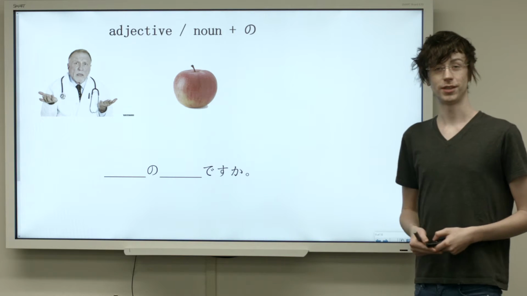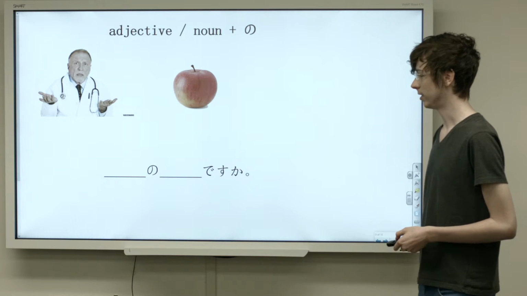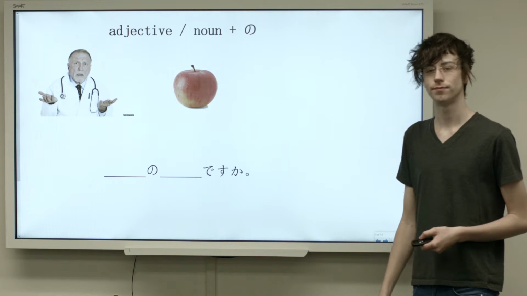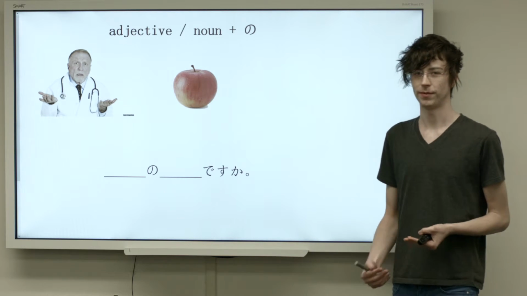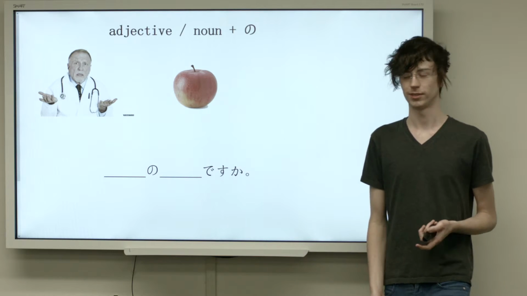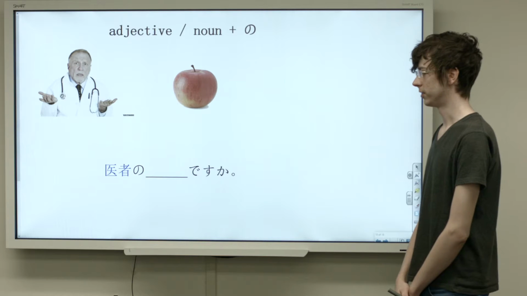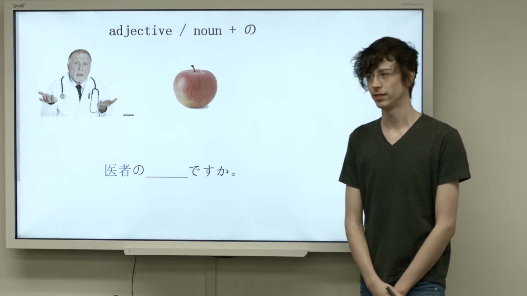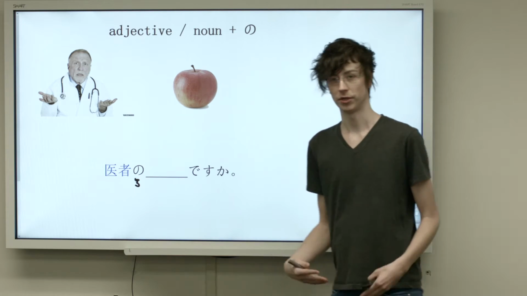So let's put what we learned into use. I have these two images here and a simple question. Nani nani no nani nani desu ka? So let's try to think of what these pictures might represent in terms of Japanese words. Okay, so definitely we want to put the person first because we have no, which shows ownership, right?